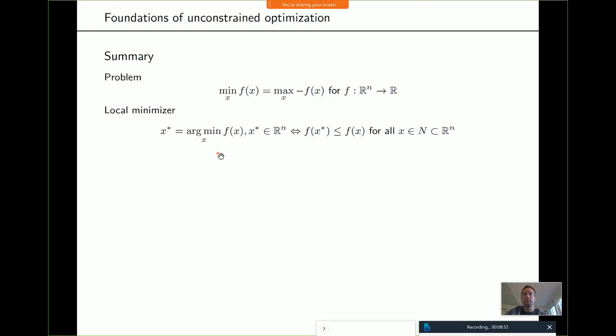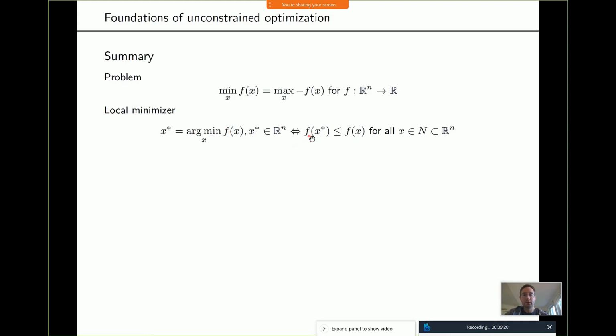There are global minima, which is really the minimum over the entire space that one considers. Of course, it always depends a little bit whether it's a global minimum on the space that one considers to be the global space. And then there are the notions of local minimizers.